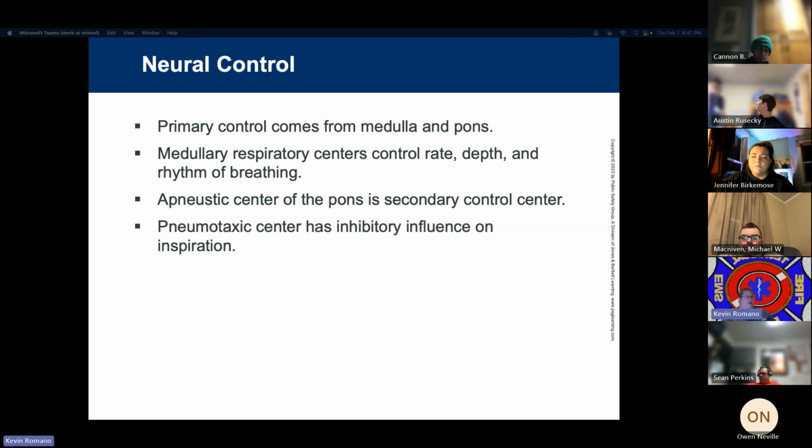The pneumotaxic center has an inhibitory influence on inspiration. Respiratory rates result from the interaction between the apneustic and the pneumotaxic centers. In times of increased demand, the pneumotaxic center decreases its influence, so if they have an increased demand, that starts reducing.